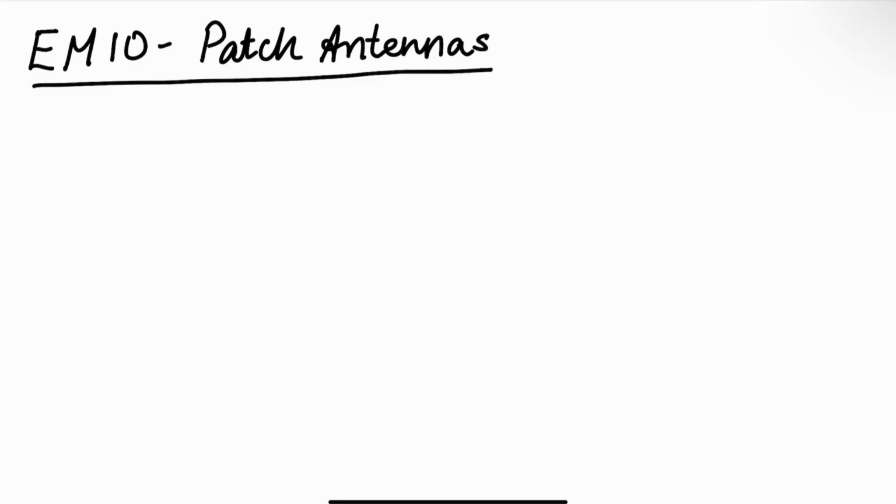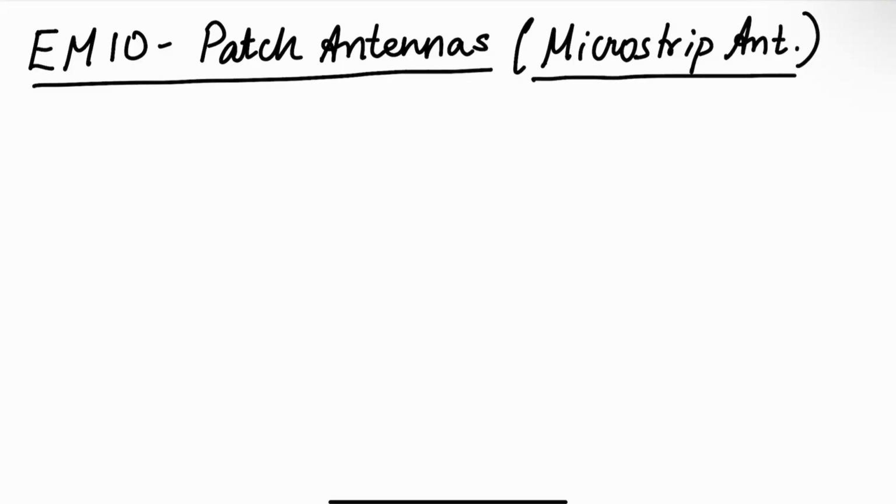Okay, so this is also called microstrip antenna sometimes because it looks like a microstrip line, right? Okay. So what does it look like? And we won't be very rigorous in this class and the next class, just because I want to focus more on design rather than equations.